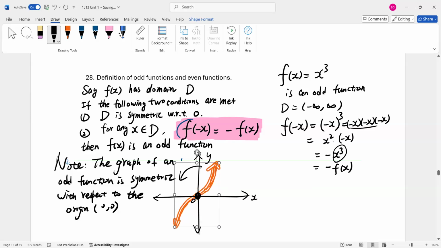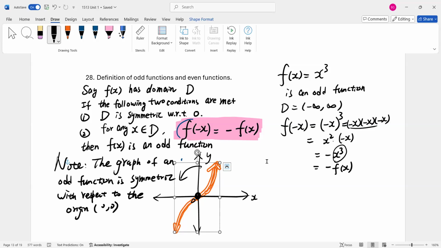No, I don't think I can do that. So you can just imagine in your head, okay? Rotate 180 degrees, you will have the same curve. You see what I'm talking about? Any curve that, after rotating 180 degrees, coincides with the original graph is the graph of an odd function.